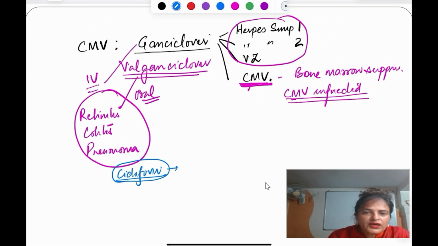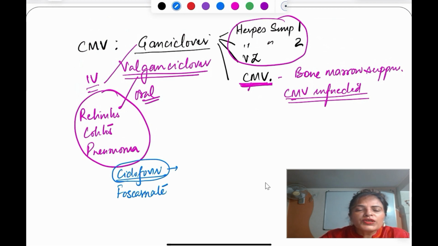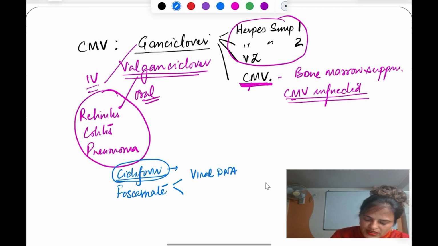And another drug which we can use if the cytomegalovirus shows resistance is foscarnet. What is important about foscarnet? It is not a nucleic acid precursor. It directly inhibits the viral DNA polymerase enzyme, and along with that it also inhibits the HIV reverse transcriptase enzyme.